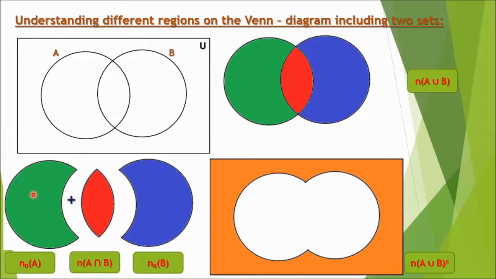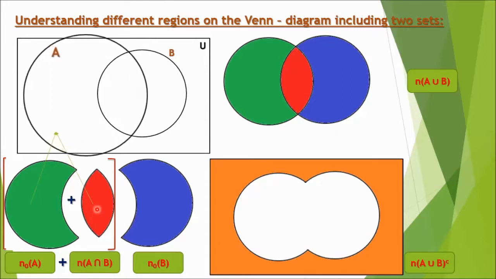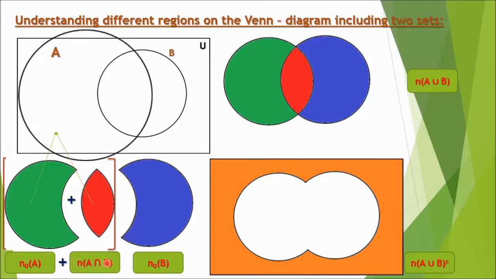If we add only A plus A intersection B, if we take only this part and this part here, if we take these two parts, then you can see by the arrow, these two together will form set A. Okay, this n naught A plus n(A intersection B) will form the set A, that is n(A).